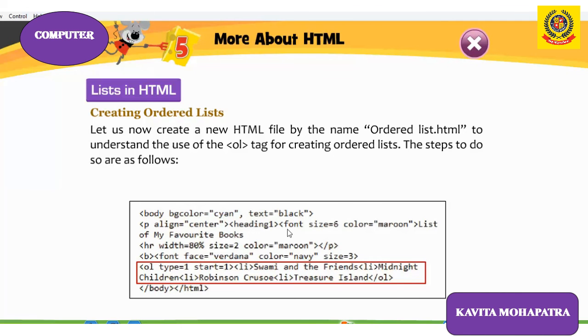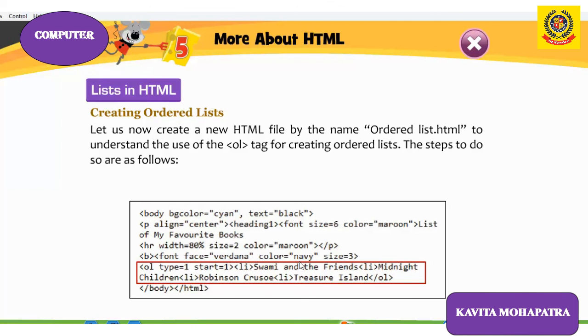The steps are: body BG color, you can give the background. BG color stands for background color. Text equal to black. Paragraph align equal to center. Heading 1, font size equal to 6, color maroon. List of my favorite books.